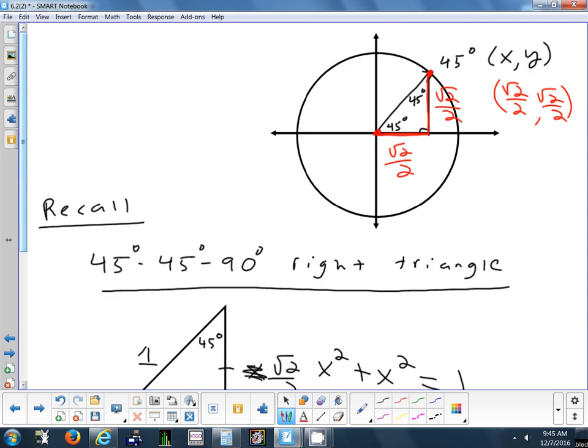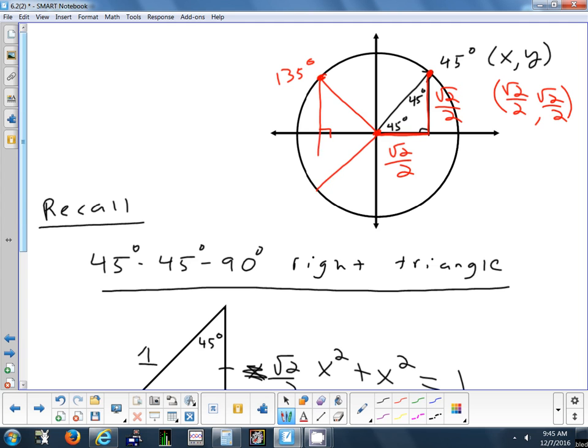Now, if we want to deal with 45-degree angles in other quadrants, like 135, any guess what the coordinate would be for 135? The only thing that happens when you do the multiples of 45 is you're in different quadrants, and either the x or the y or both could become negative.